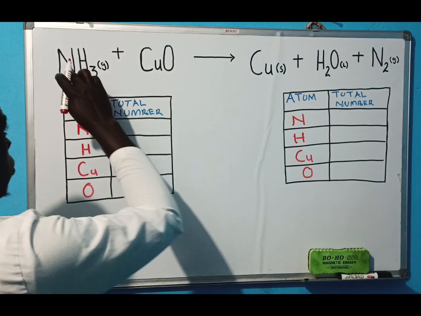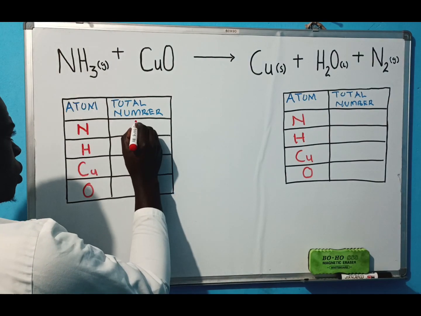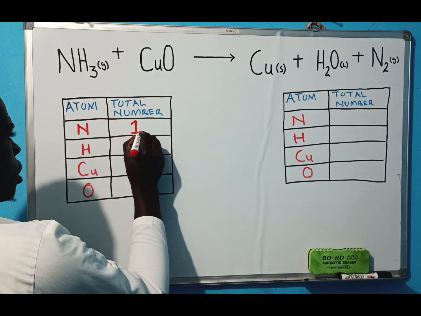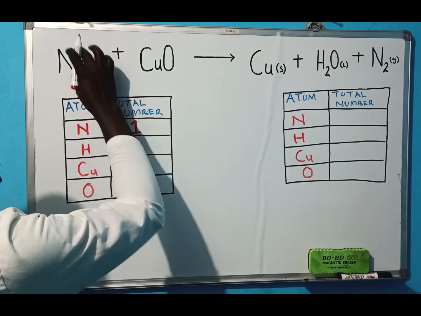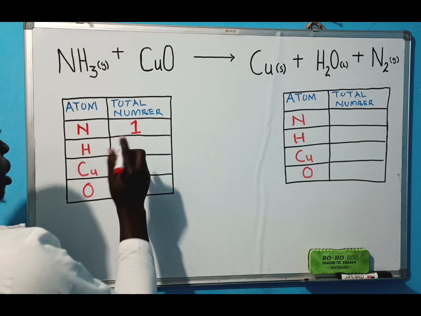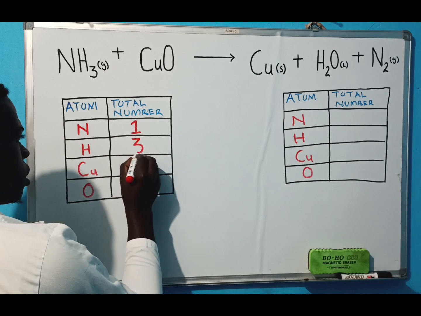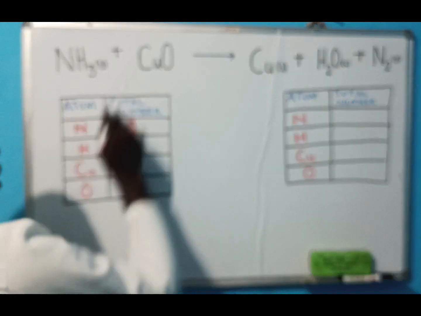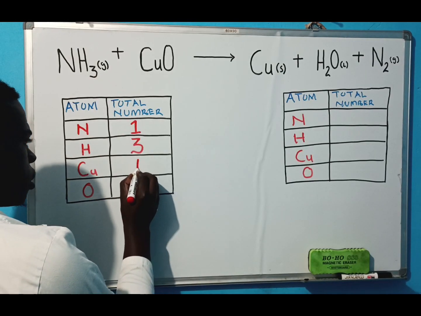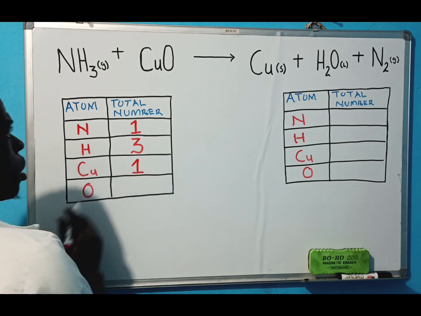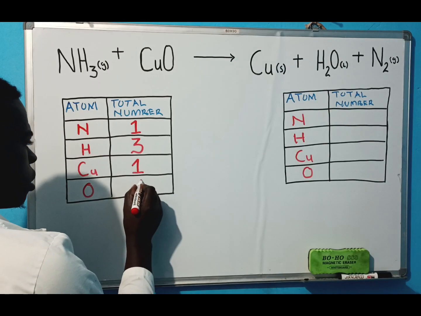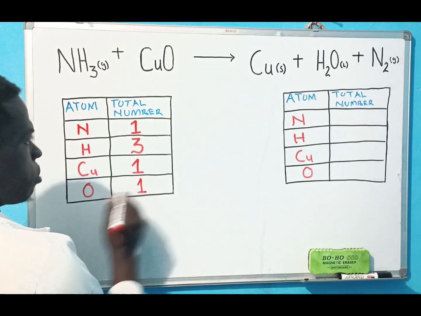We are going to start with the reactant side. We have one atom of nitrogen. Then hydrogen, we have 3 atoms of hydrogen. And copper, we have only 1 atom of copper and 1 atom of oxygen.